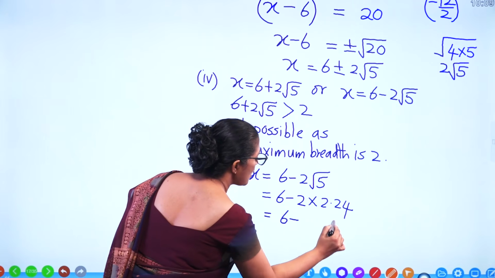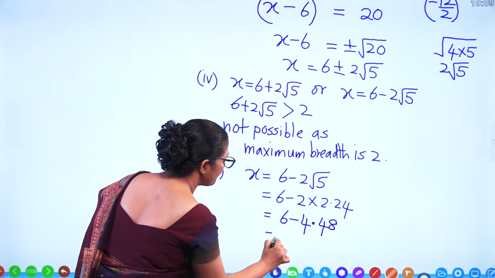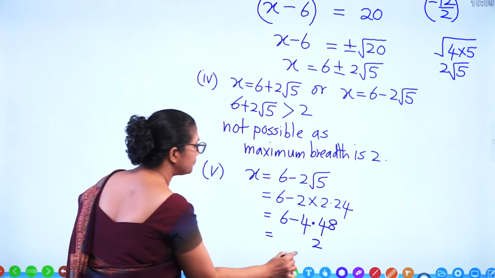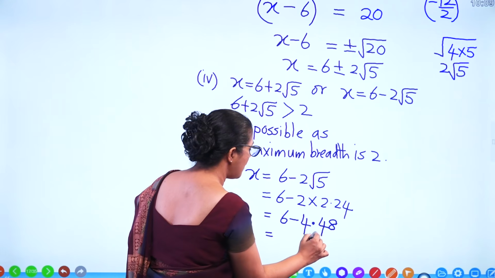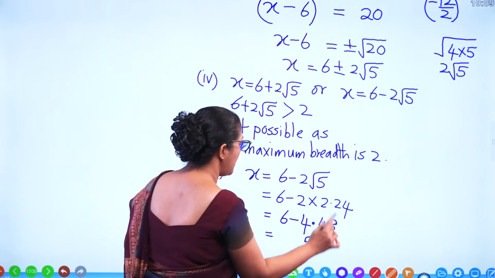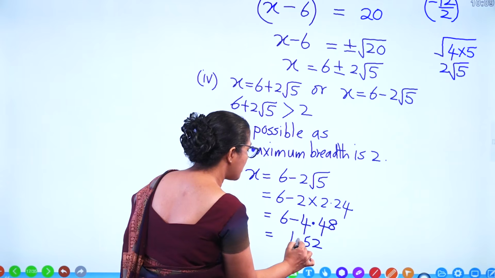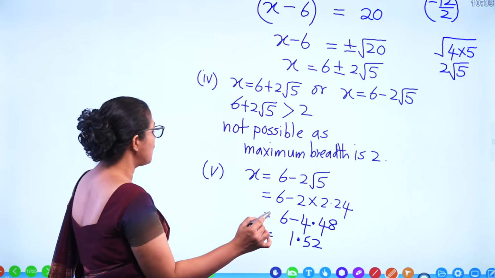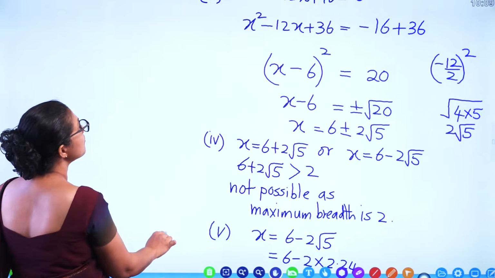6 minus 2 times 2.24, that's 4.48, so 6 minus 4.48 gives 1.52. What's the unit?